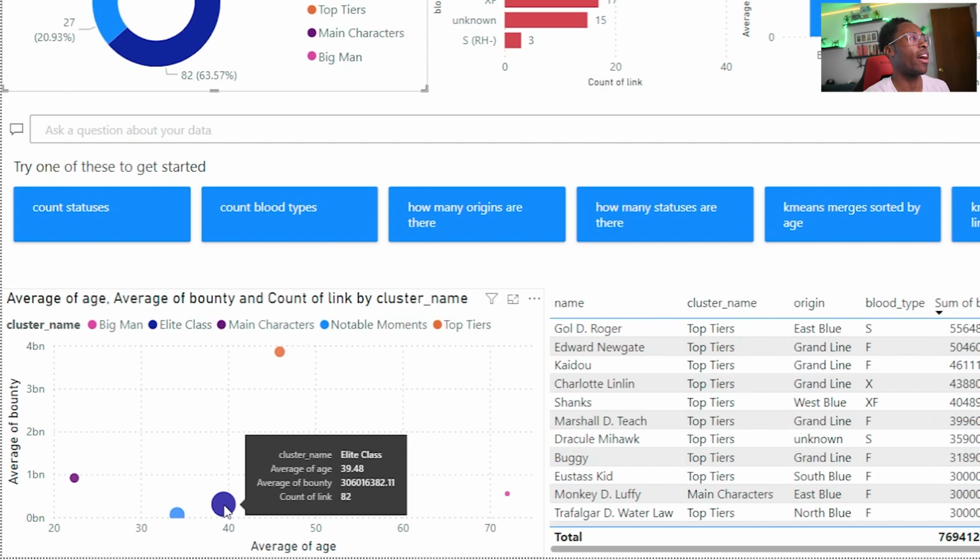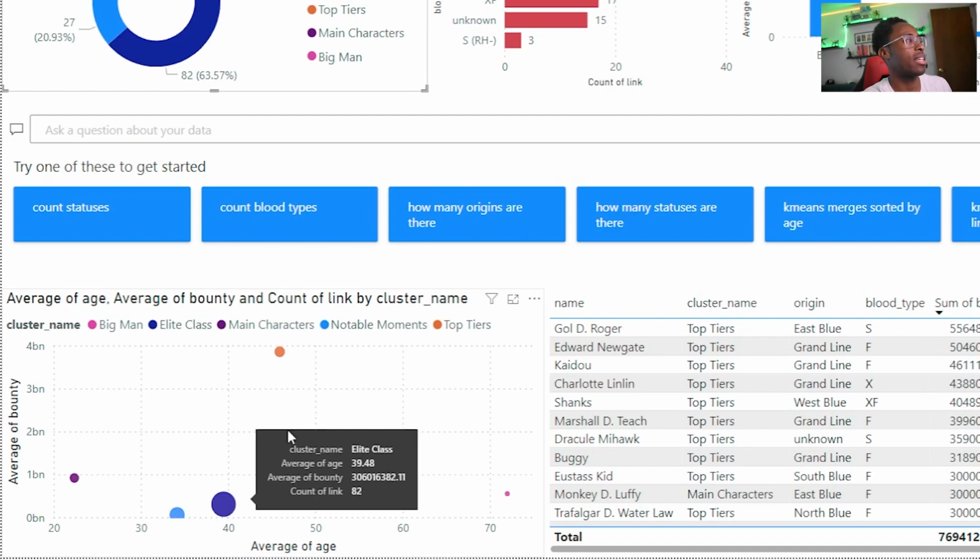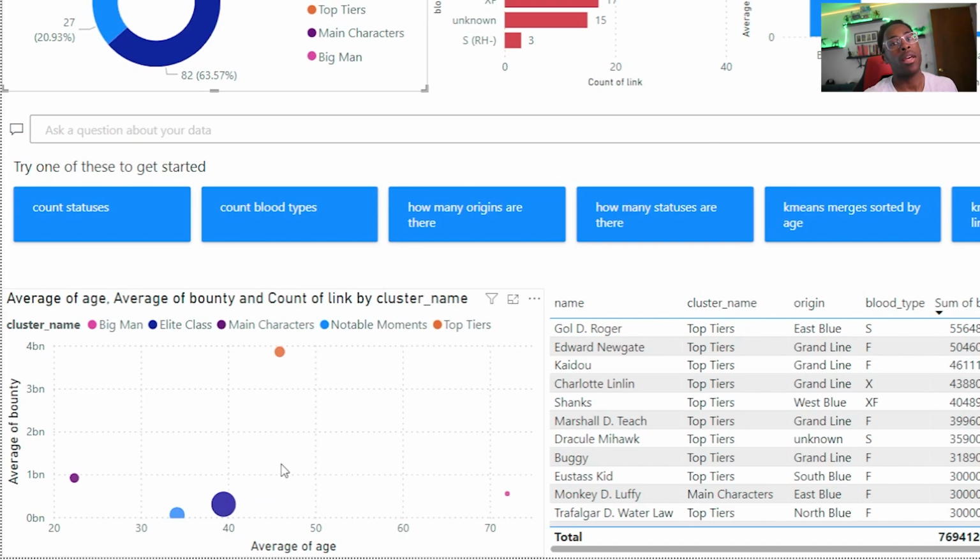In the middle, we have the elite class. This has the most characters. While it doesn't have the highest average bounty, it's in that middle section again, really only being beat out by the top tiers and the main characters, which is over here.